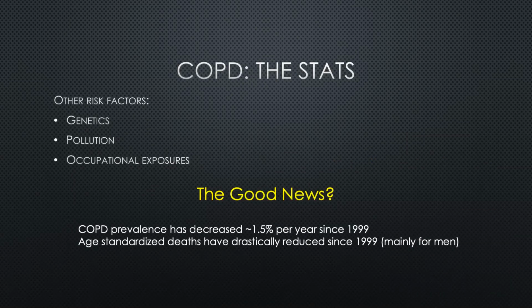But the good news is that since 1999, COPD prevalence has decreased about 1.5% every year, which is good. And then the age standardized deaths have drastically reduced for men since 1999. For women, it stayed pretty much the same. But women didn't have that high death rates with COPD in the first place.